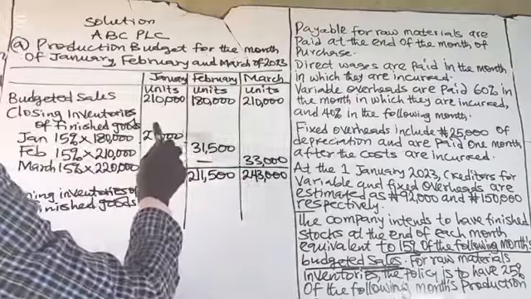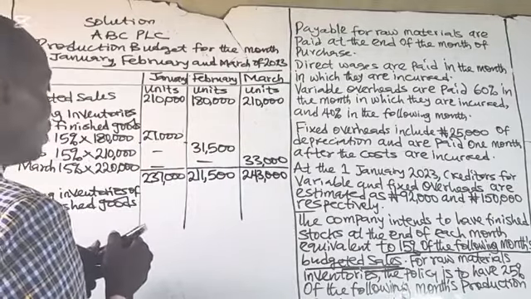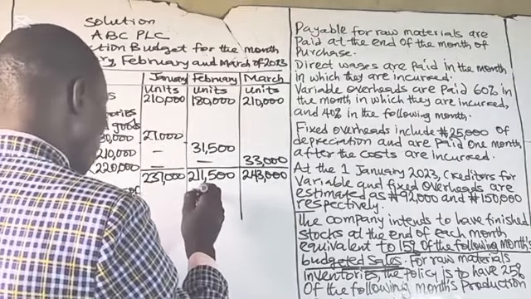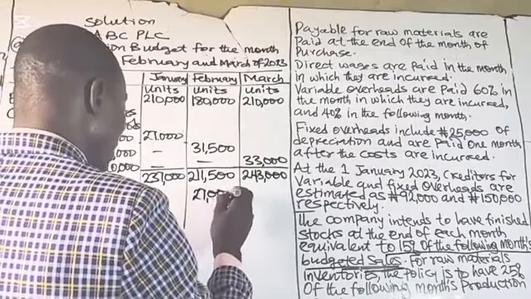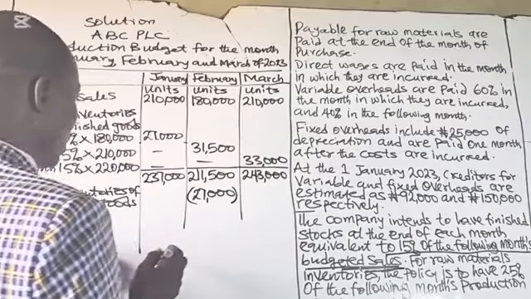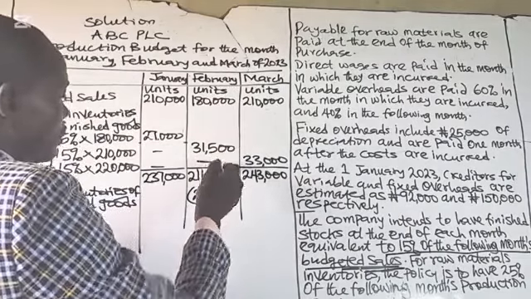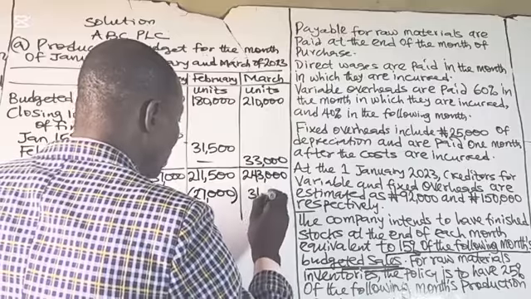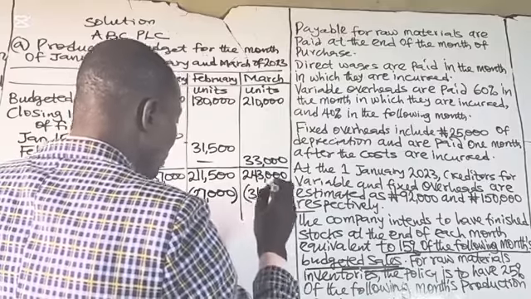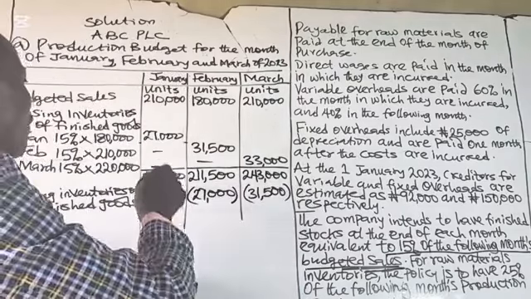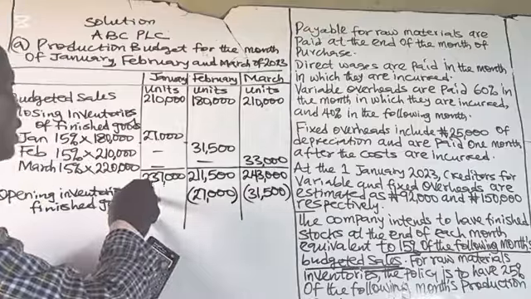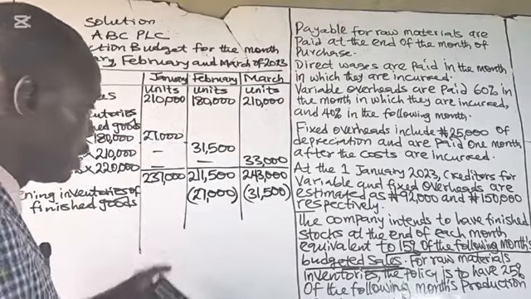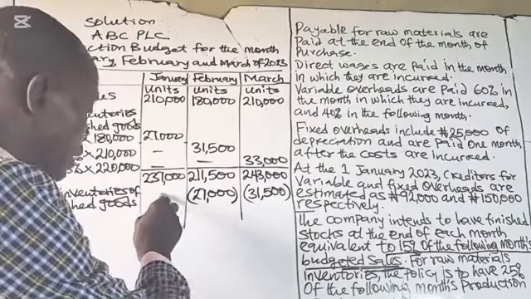The closing inventory in January, that is the opening inventory in February, which is 27,000. We deduct the 27,000. The closing inventory in February will be the opening inventory in March, which is 31,500. Now, whatever you have as the closing inventory in December 2022, that will be the opening inventory in January 2023.